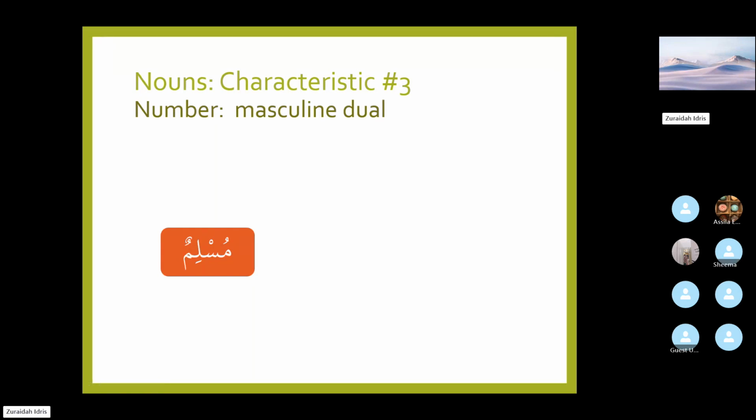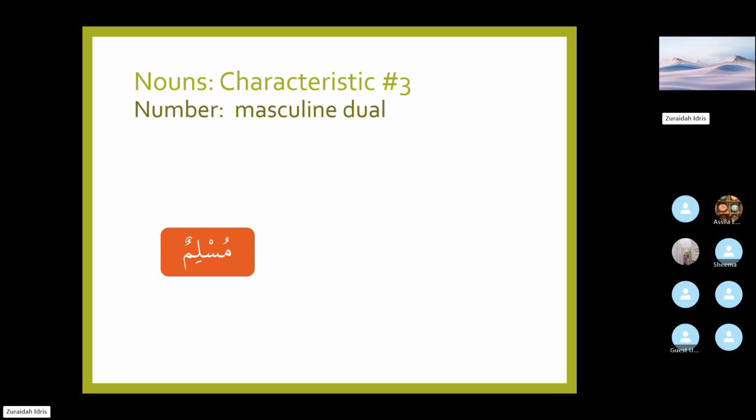If you take away this word, the sentence either doesn't work, meaning the meaning changes and it's incomplete, or it just breaks up. It's no longer a sentence. That's how important words that end with a dhamma are. Words that end with a dhamma play a big role in a sentence, so you can't simply take them away. This is what we call rafa.